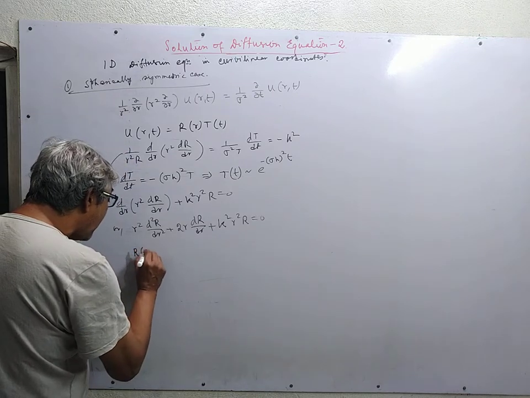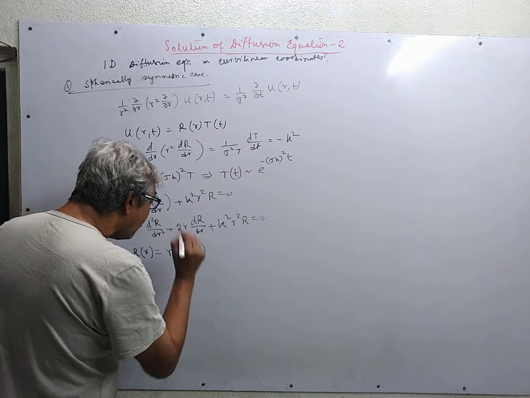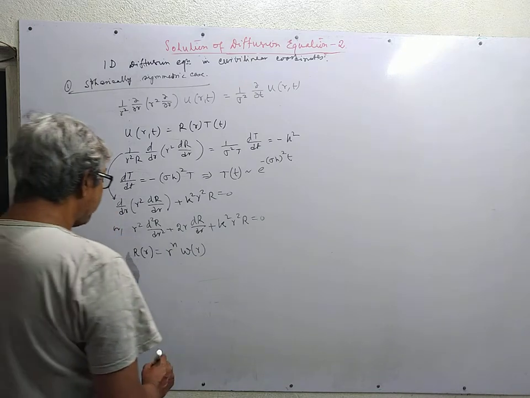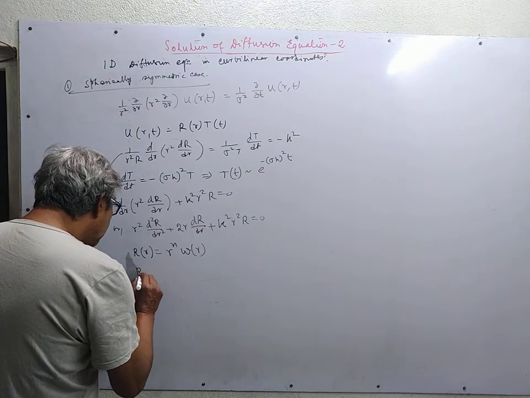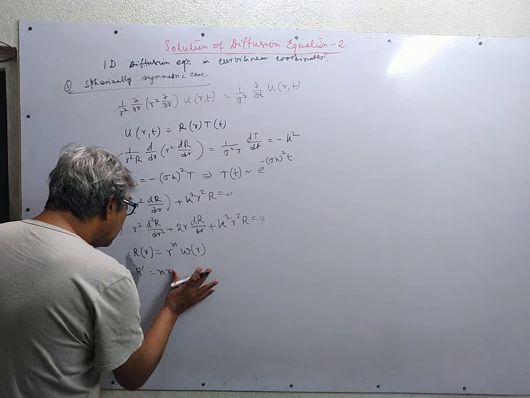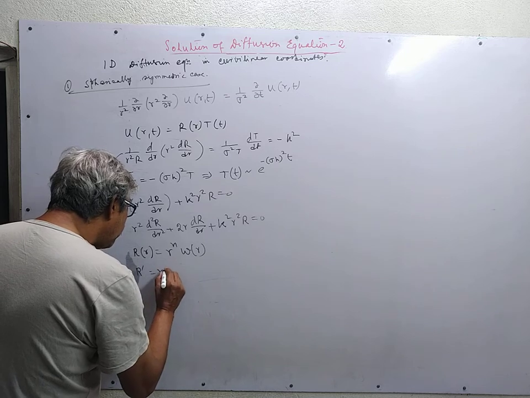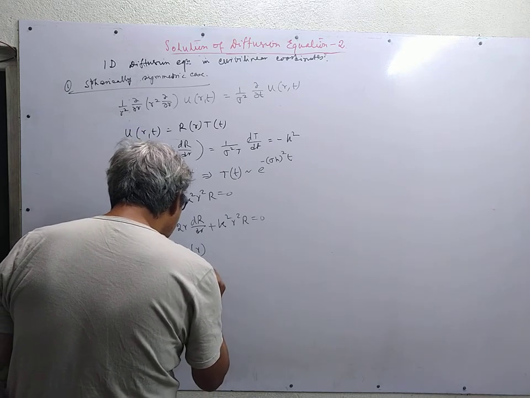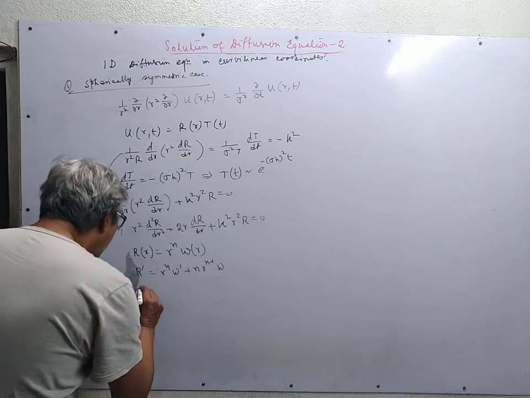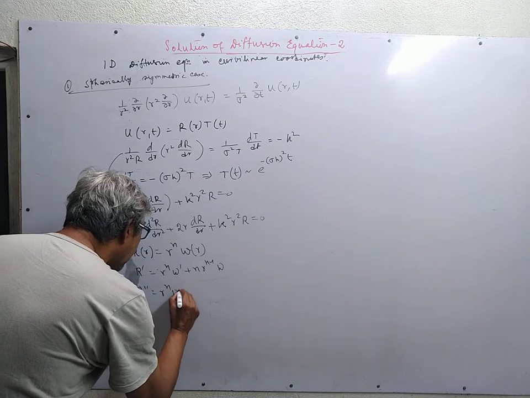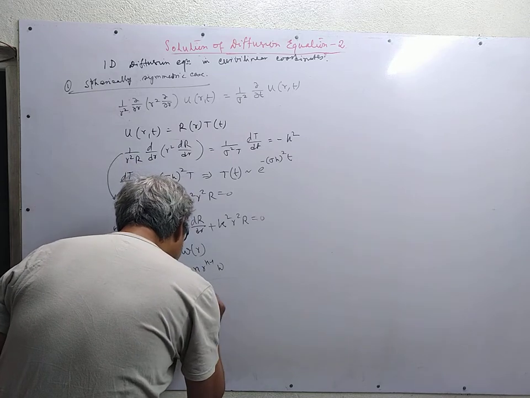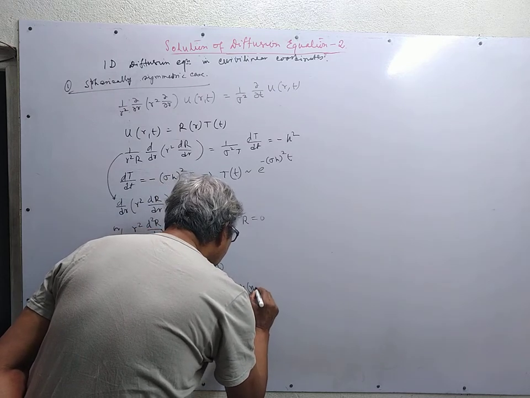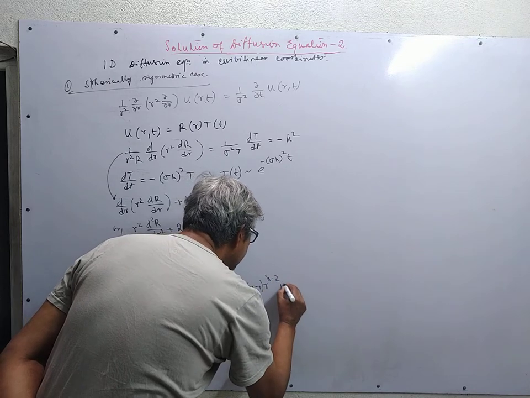So we write R(r) is equal to r to the power n times omega(r), and we use this substitution in the differential equation, so that R prime is equal to r to the power n omega prime plus n r to the power n minus 1 omega, and R double prime is equal to r to the power n omega double prime plus twice n r to the power n minus 1 omega prime plus n into n minus 1 r to the power n minus 2 omega.